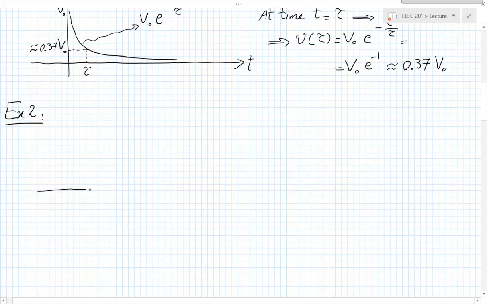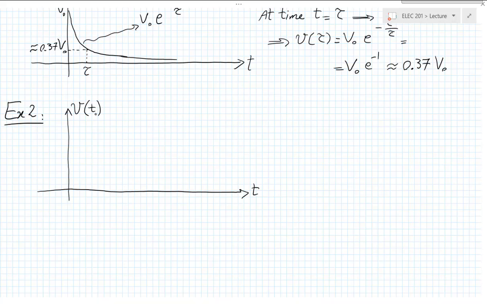Let's assume you have a signal like this. So this is, again, a signal V of t. In this case, it might be a voltage, but you could have a similar behavior for a current. Let's say in this case, it actually starts from 0.